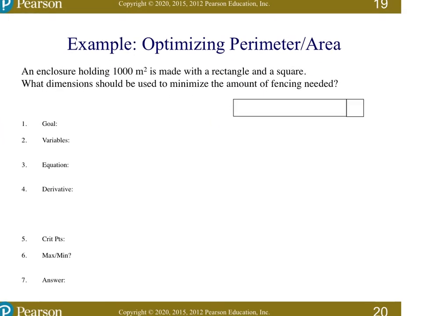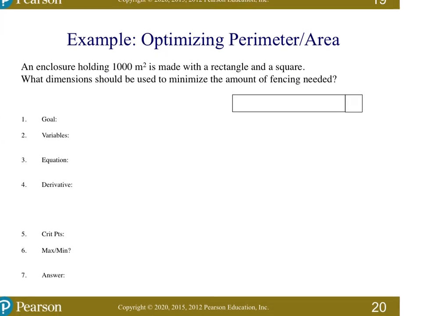Okay. Now here's two shapes side by side, a rectangle and a square. What dimensions should be used? All right, a rectangle and a square. All right, and the goal is minimum. So my goal is the minimum amount of fencing for making this enclosure.